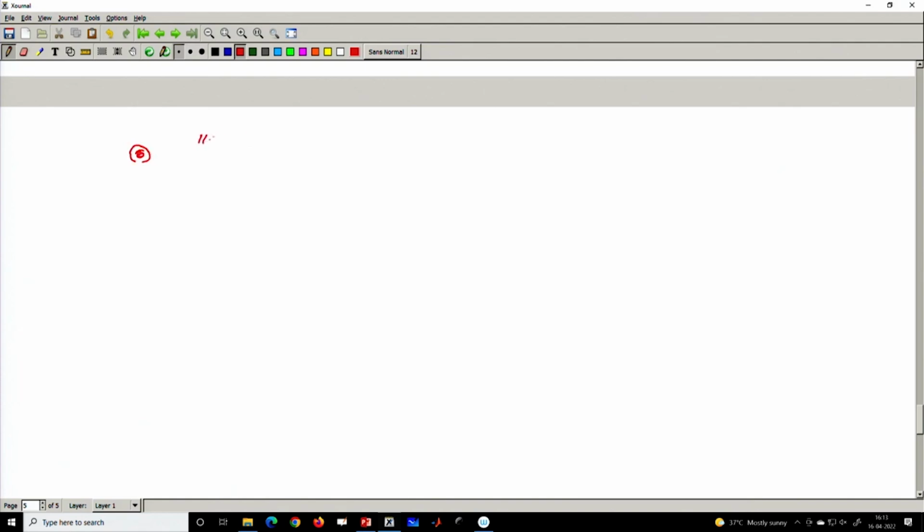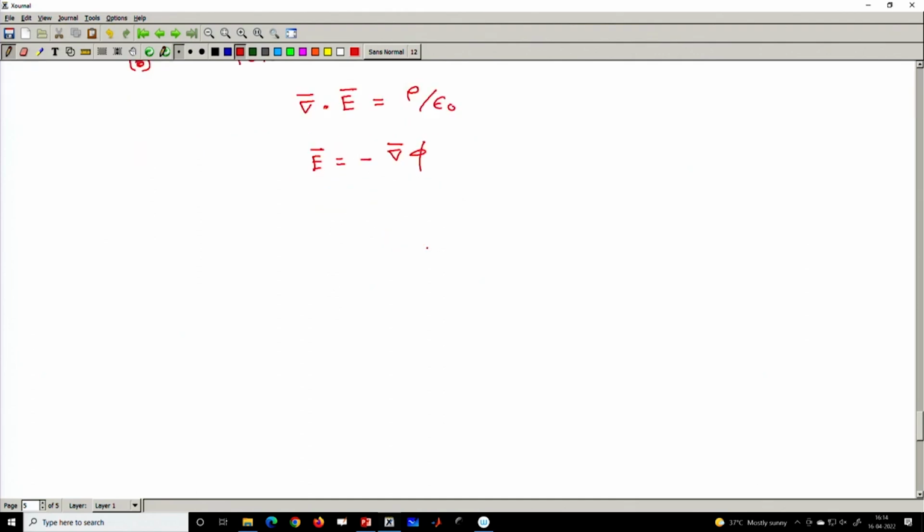So, the next thing from the expression is the Poisson's equation, very important. And that we can simply understand: divergence of E is equal to rho by epsilon 0, and also E can be written as minus of gradient of a scalar field phi, which is called the electrostatic potential.